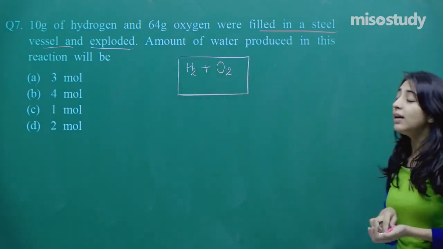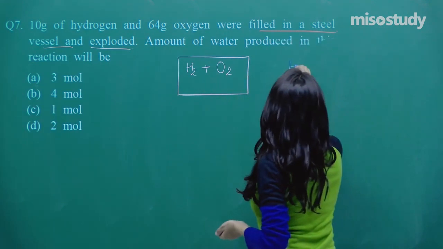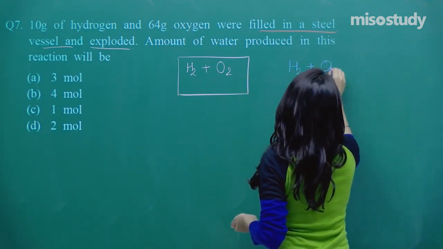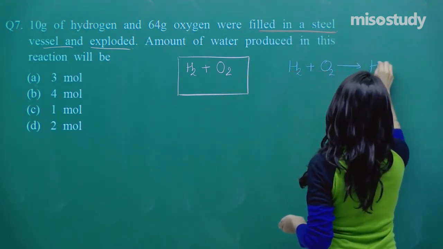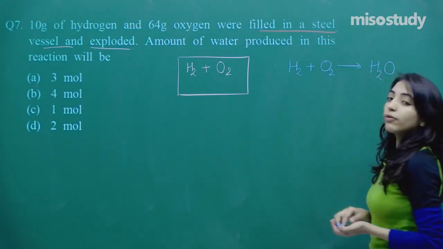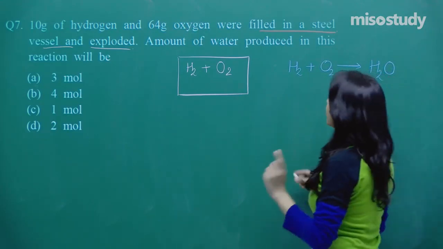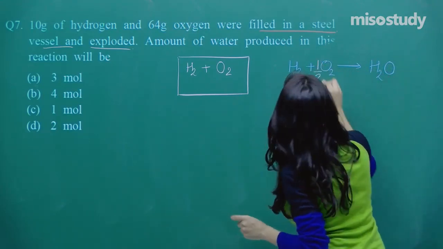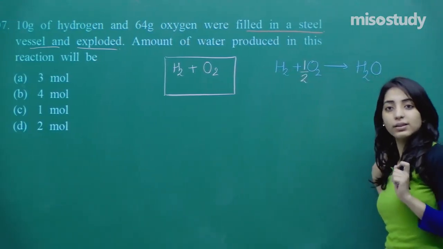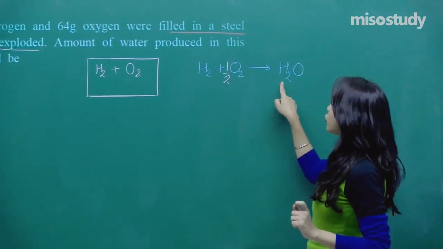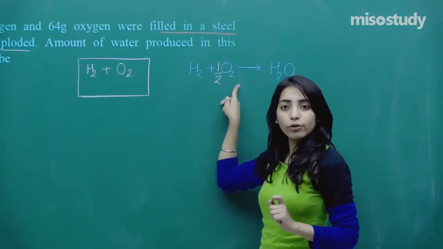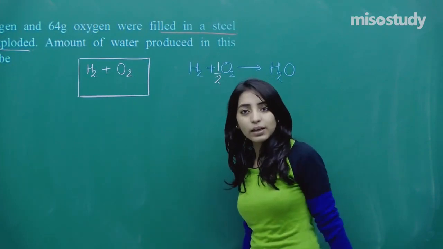And you know, right, when hydrogen and oxygen are combined with each other, it will lead to the formation of water, right? So now I'll tell you the very first point is you need to write the balanced chemical equation. And what we do? 2 hydrogen, 1 oxygen, so 1 by 2, right? It's a balanced chemical equation.